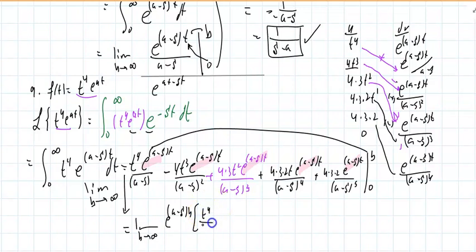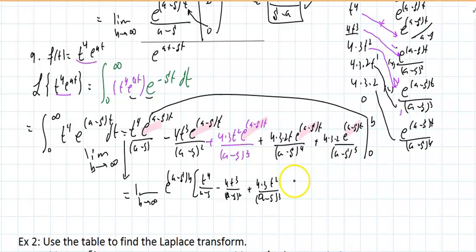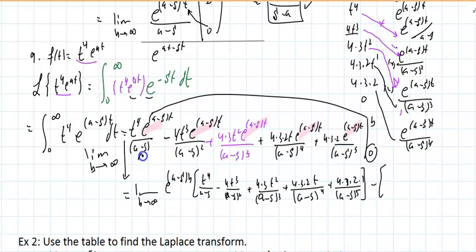I have t to the fourth over a minus s, minus 4t cubed over (a minus s) squared, plus 4 times 3t squared over (a minus s) cubed, plus 4 times 3 times 2t over (a minus s) to the fourth, plus 4 times 3 times 2 times 1 over (a minus s) to the fifth, minus, if I put a 0 in for t, that's a 0, that's a 0, that's a 0, that's a 0.